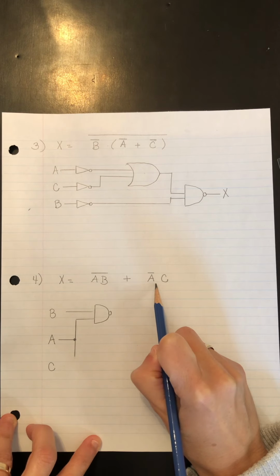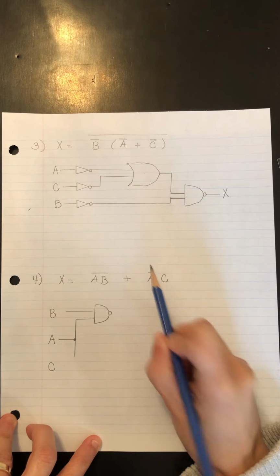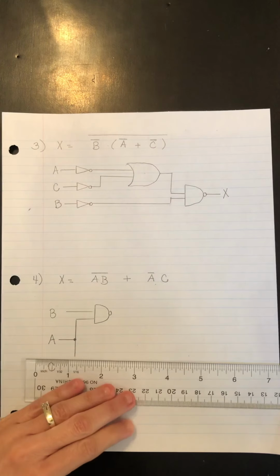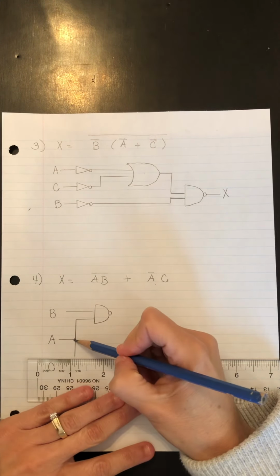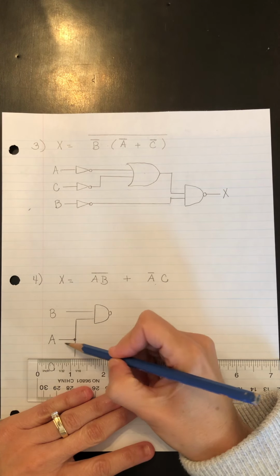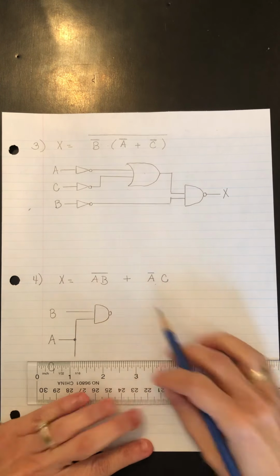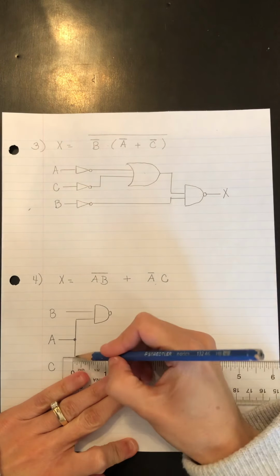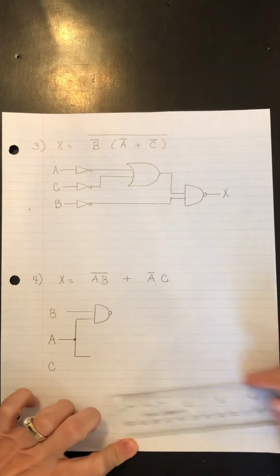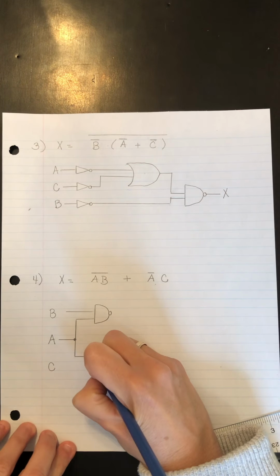So C is multiplied by A inverted. So I actually have to pass A through an inverter, but I have to do it after this point because this has to be plain old A. So I could have done it on this part, or I can just do it on this part here. So A has to go through an inverter.